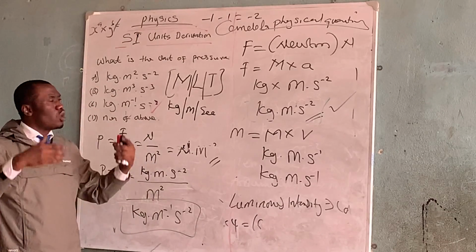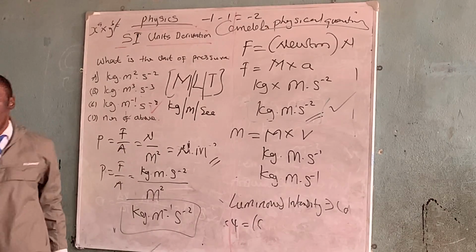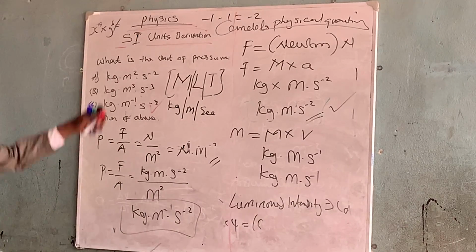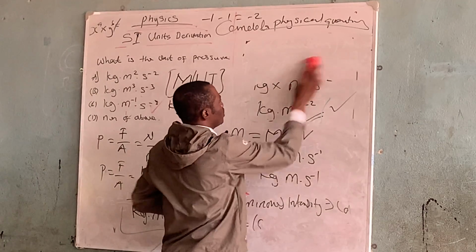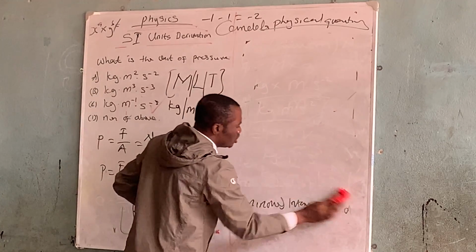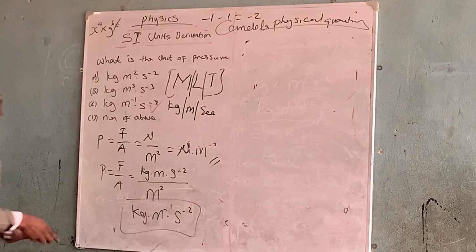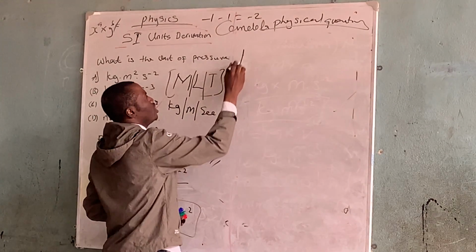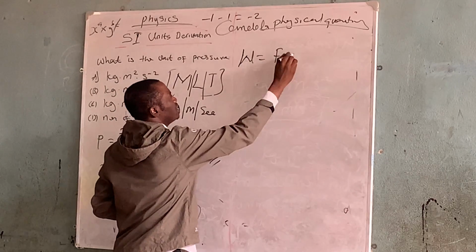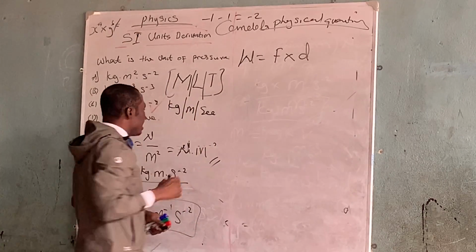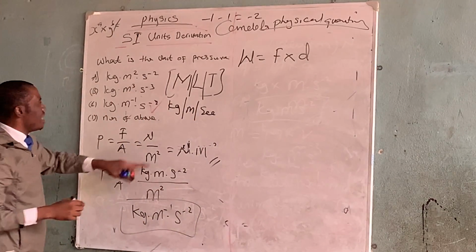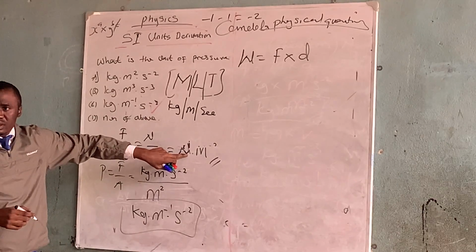Let's go to work done. What's the formula for work done? Force and distance. Good. Work done is equal to force times what? Distance. What's the unit for force again? Newton.